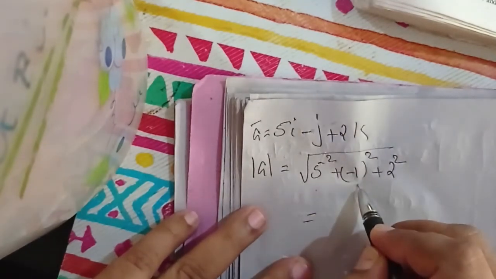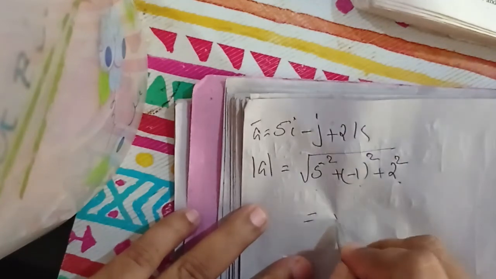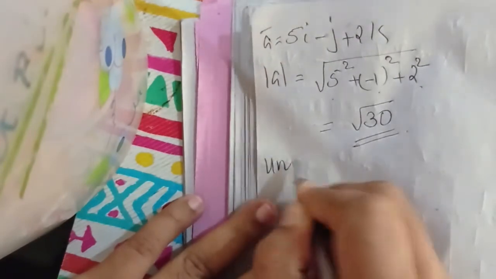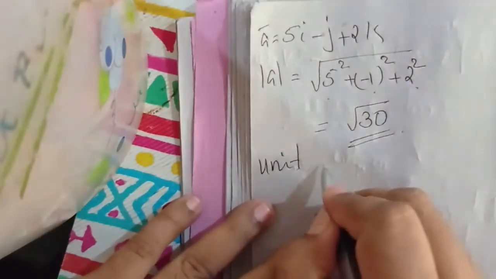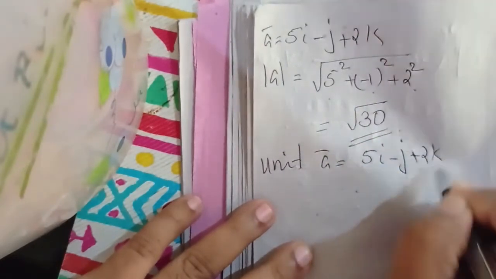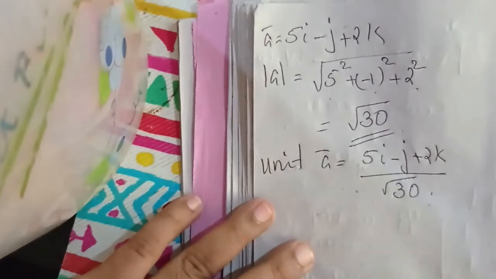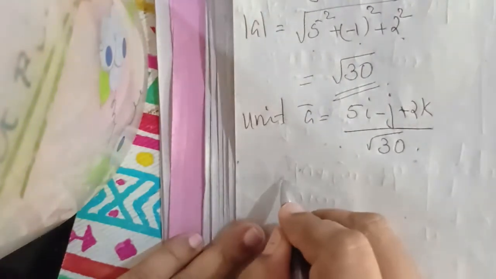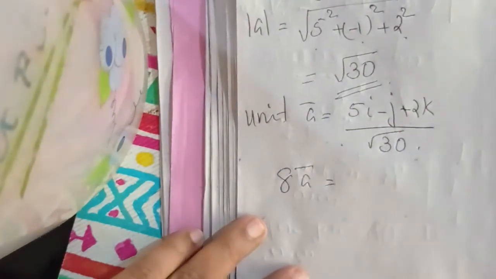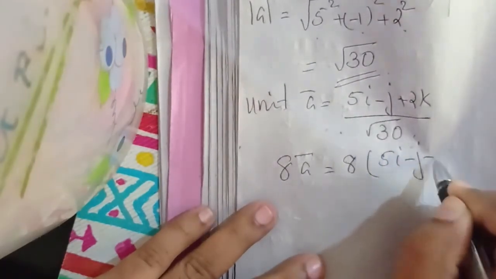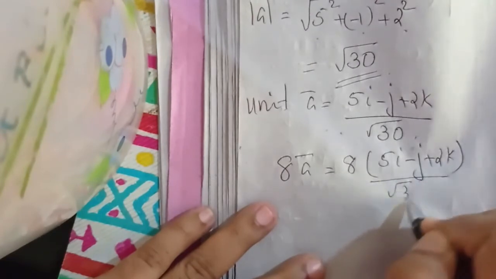25 plus 1, 26 plus 4, 30. Right, root 30. Then write the unit vector in the direction of A: 5i minus j plus 2k by root 30. One more step: which has a magnitude of 8 units means you have to find 8 into vector A. 8 into 5i minus j plus 2k by root 30.